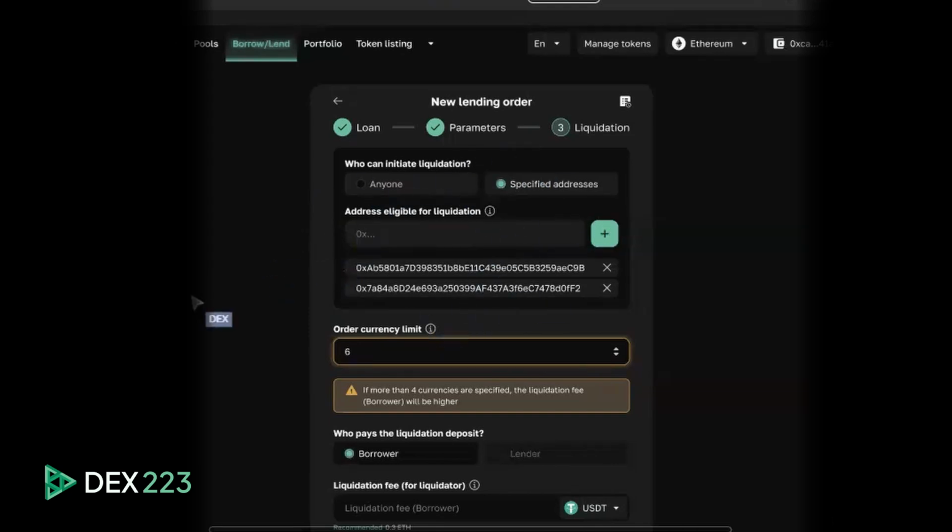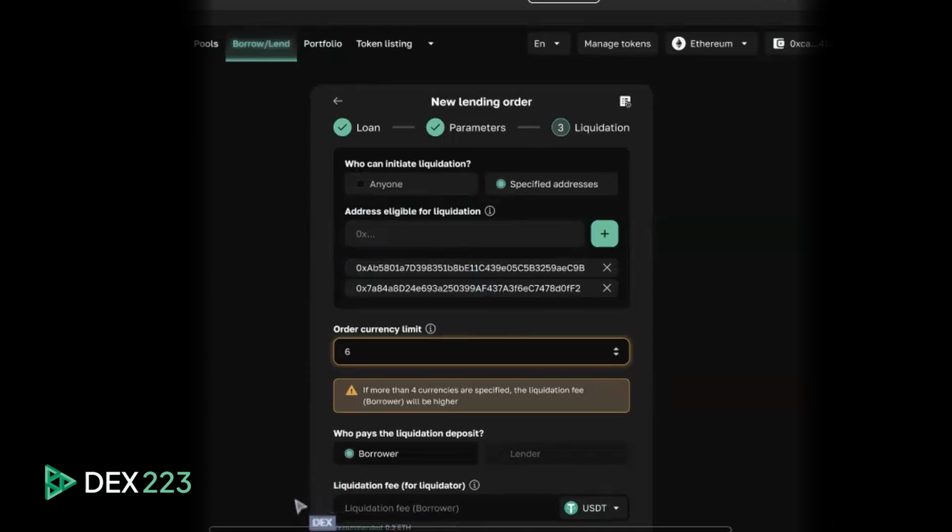But in the beginning, I think that everyone will be allowed to liquidate, and here is an option which allows everyone to liquidate the position, and whoever calls the liquidation will receive the fee.